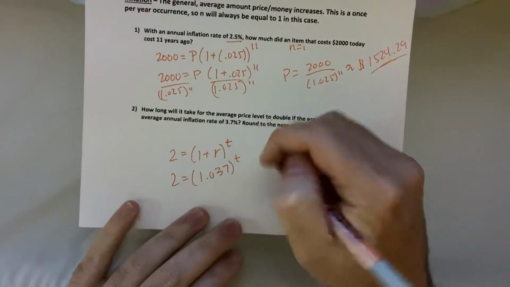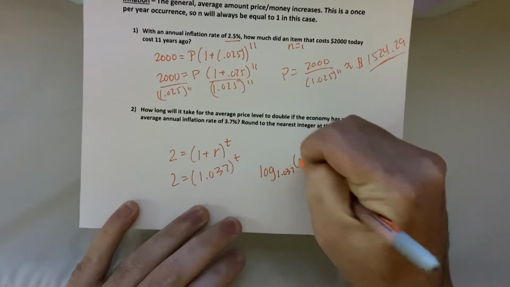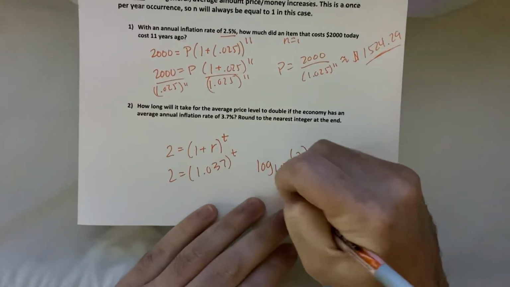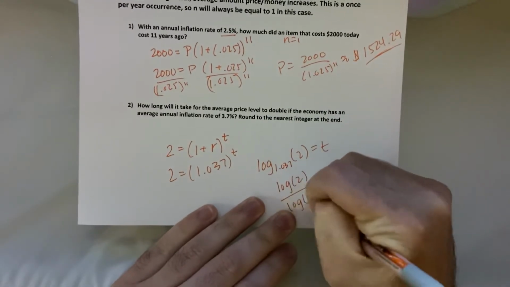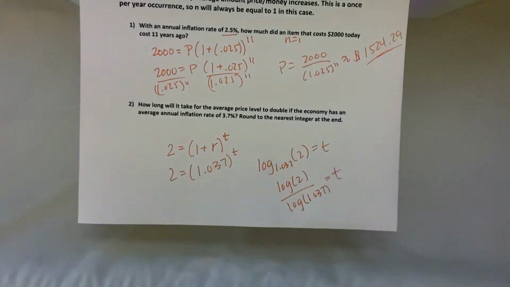Now, if I rewrite this in log form, log base 1.037 of 2 equals T. But to put this in the calculator, I really need the log of 2 over the log of 1.037. To see how often the price level doubles at a 3.7% interest rate.